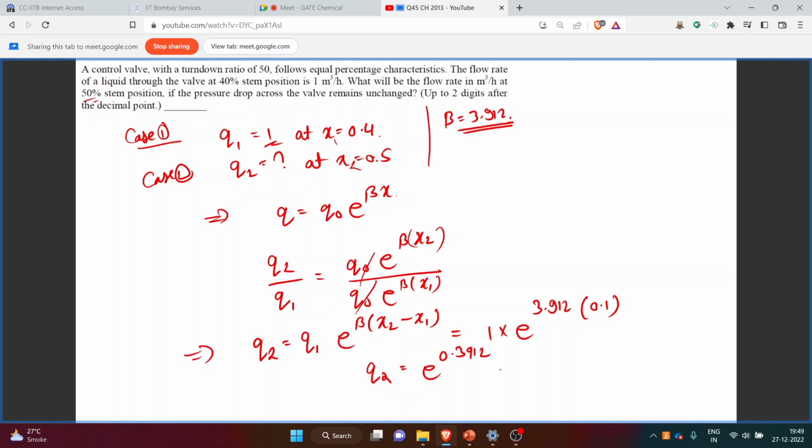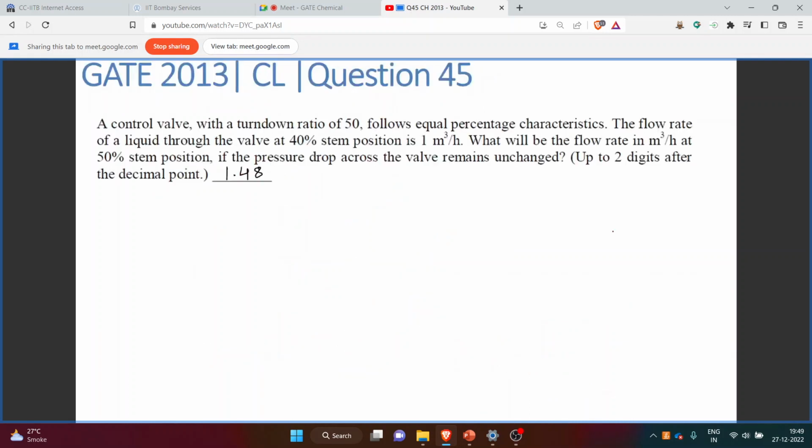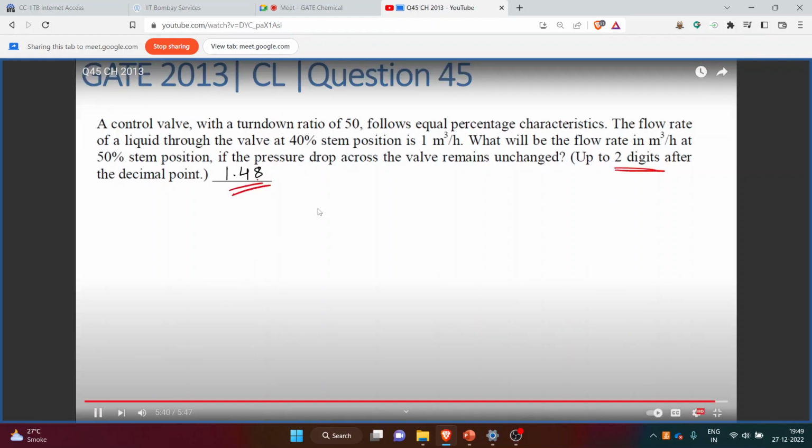You can calculate this and it will come around 1.478. So the flow rate when the valve opening is 50% will be 1.478 meter cube per hour. The final answer, up to 2 digits, we will report as 1.48.